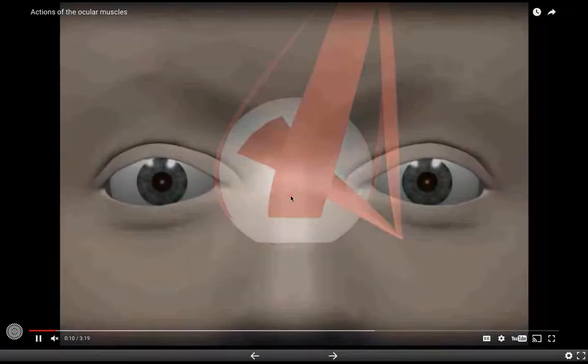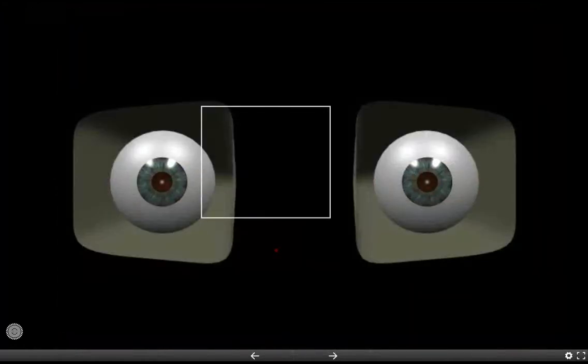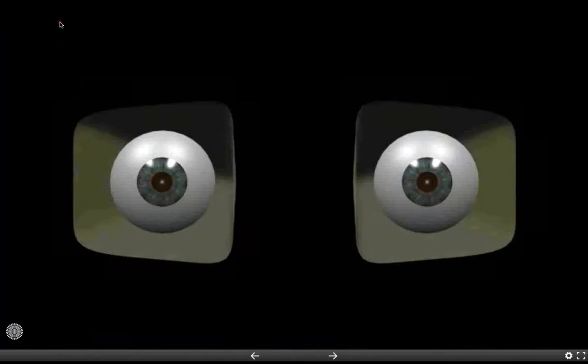The superior rectus originates more medially, and it inserts more laterally. And so you could see that when you activate that superior rectus muscle, it would tend to pull the eye on a bit of an angled trajectory.